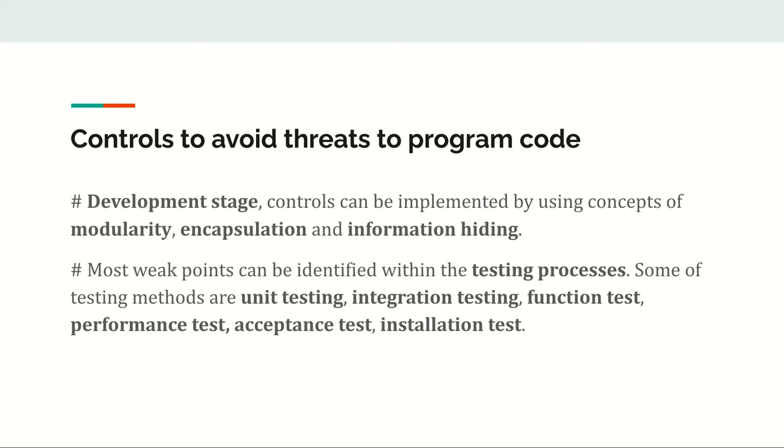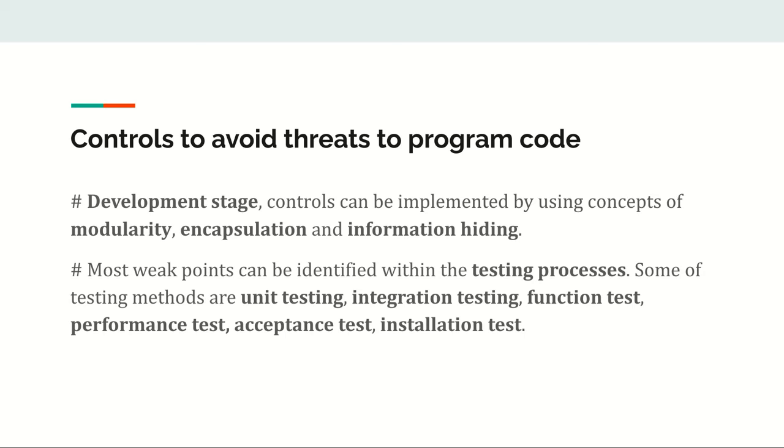This module is separate, and only the inputs and outputs are there. We can do black box testing and white box testing using modularity. Information hiding is also achieved by using encapsulation. Automatically, information hiding will be done.